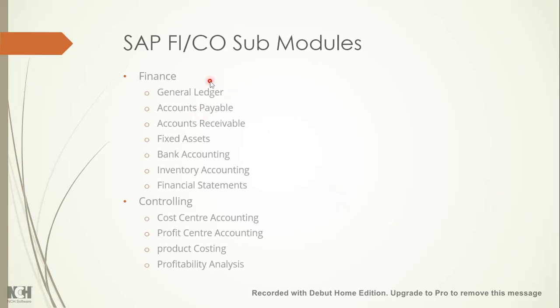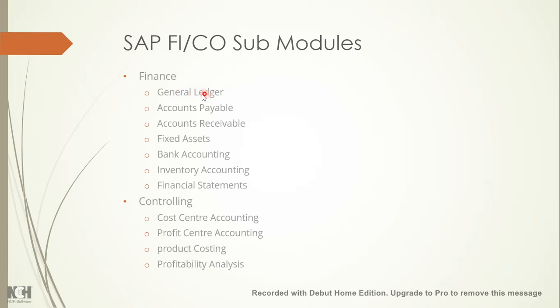So let's understand in SAP Finance and Controlling what are the different sub-modules. So SAP Finance contains your general ledger, accounts payable, accounts receivable, fixed assets, bank accounting, inventory accounting, financial statements. So general ledger is the main where you will be creating your financial statement like trial balance, profit and loss account, balance sheet, etc. And as I said, all these sub-modules will flow their entries to the general ledger.